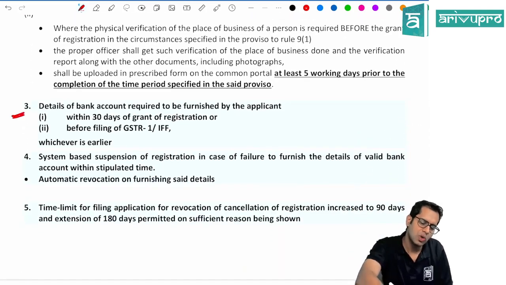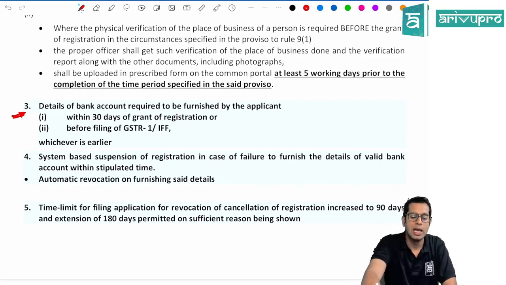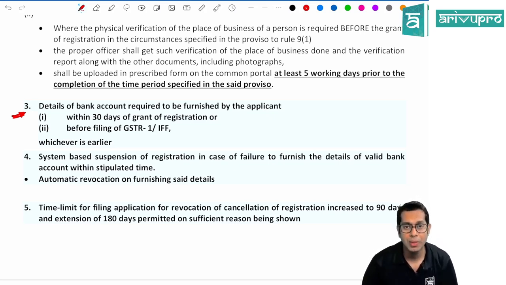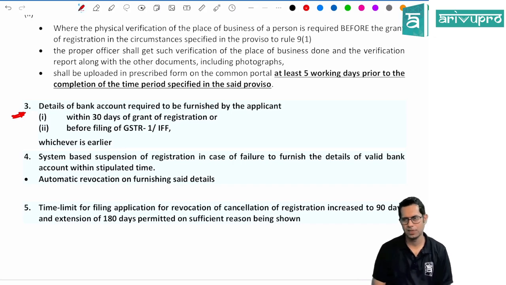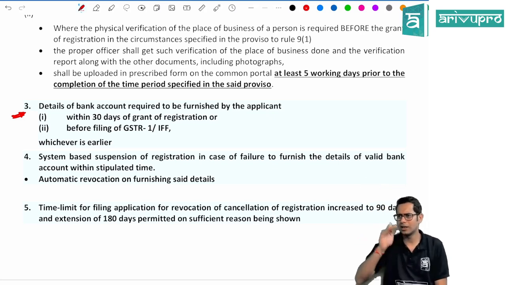Now, one more small amendment they have done. Normally, if I am applying for registration, I had to do my bank account verification. GST law was a new law, so there were a lot of loopholes which they are correcting day in and day out.